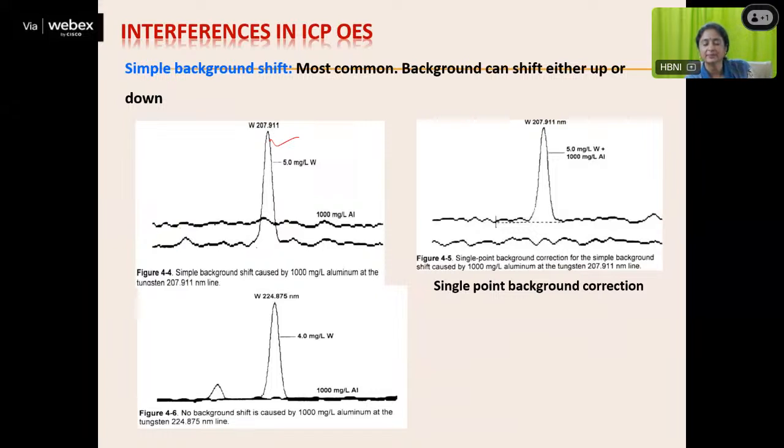So how will the sample look? The sample will be sitting here, so you have to subtract like this. This is not required, because this contribution is from aluminum, so you have to subtract that. What you do is take 1000 milligram of aluminum as a blank and then do it.